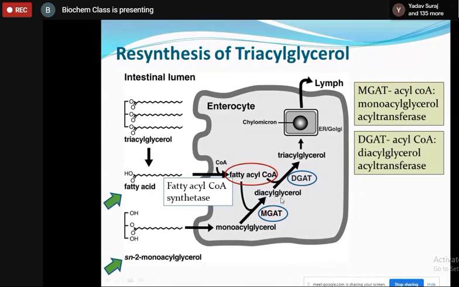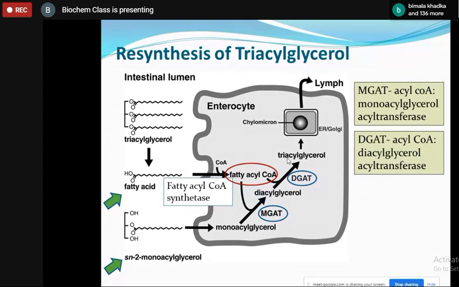Diacylglycerol is glycerol plus 2 fatty acids. So one more activated fatty acid comes and gets esterified to diacylglycerol by the enzyme diacylglycerol acyl transferase, and you get triacylglycerol, which is glycerol plus 3 fatty acids.